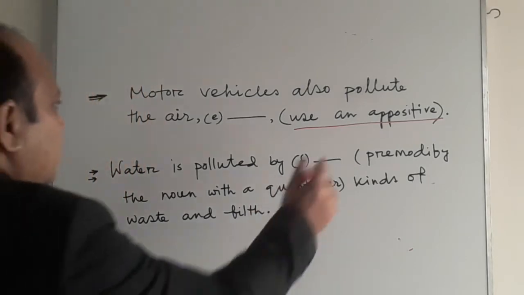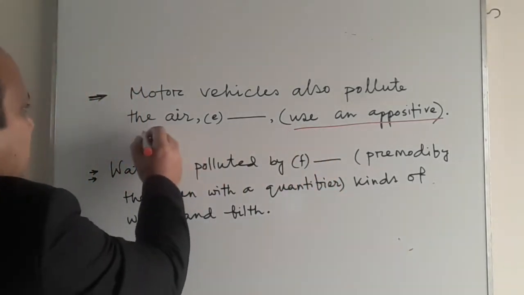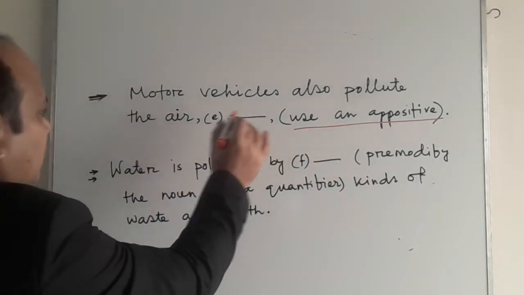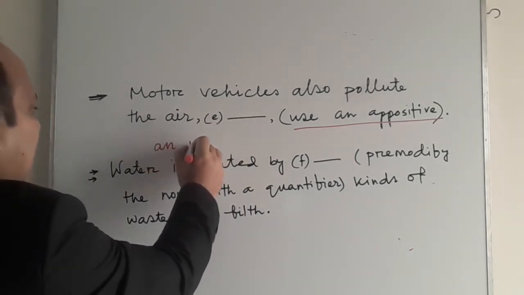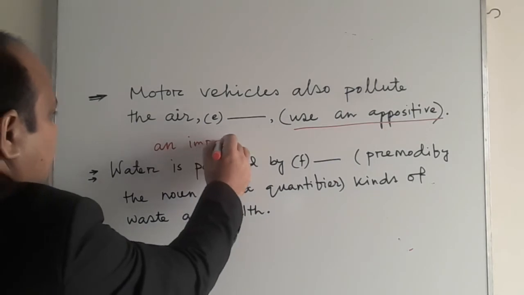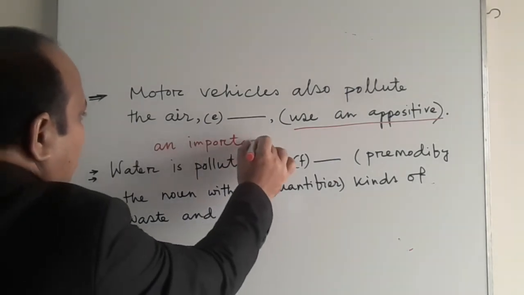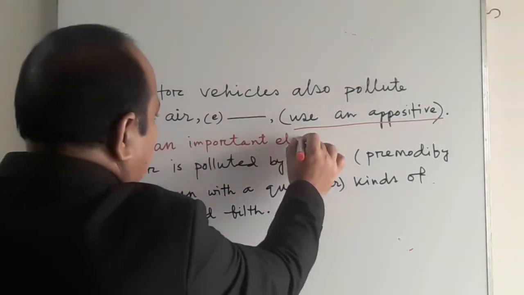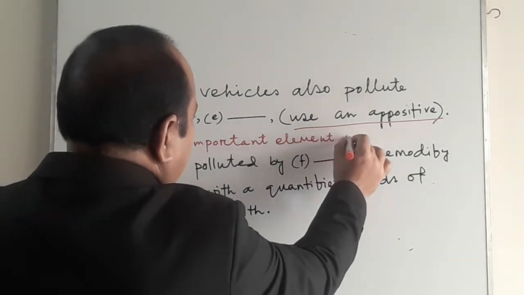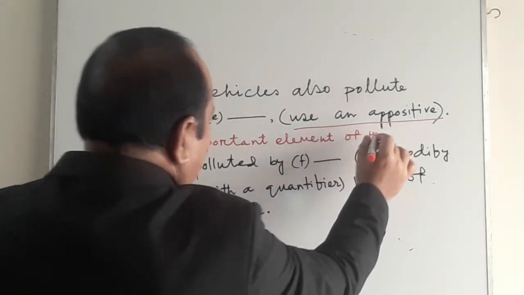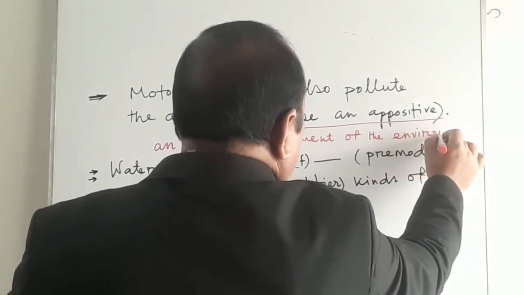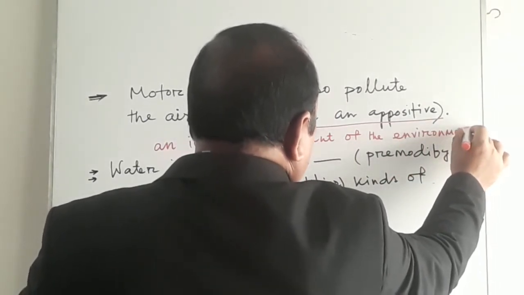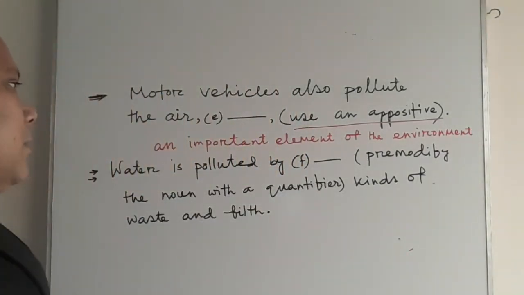So we can clarify it by saying, motor vehicles also pollute the air, an important element of the environment. So this is the appositive.